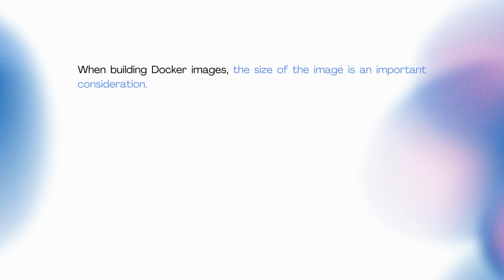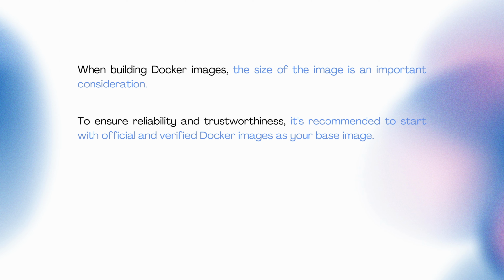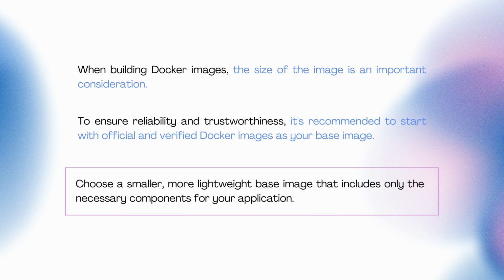When building Docker images, the size of the image is an important consideration. To ensure reliability and trustworthiness, it's recommended to start with official and verified Docker images as your base image. Choose a smaller, more lightweight base image that includes only the necessary components for your application.